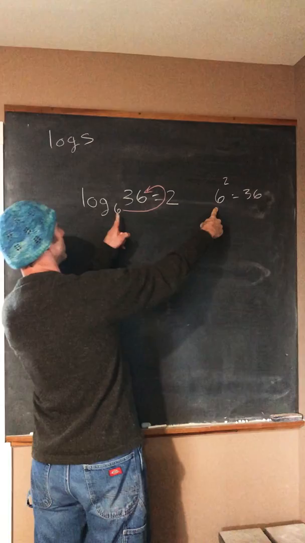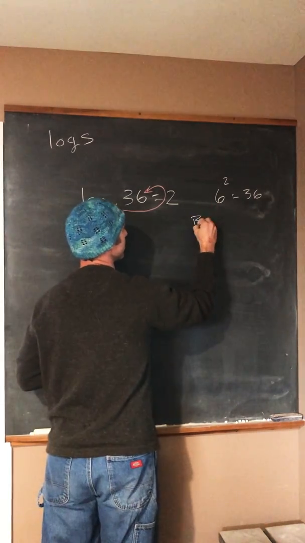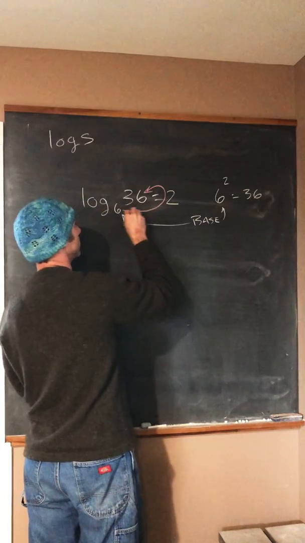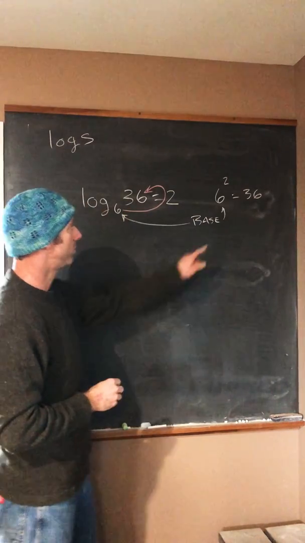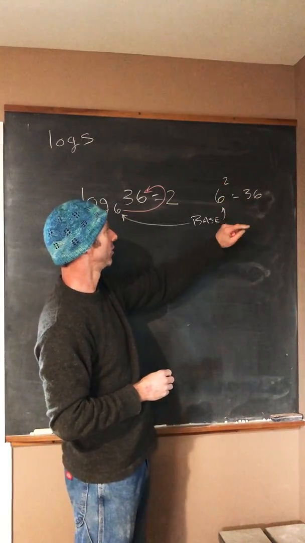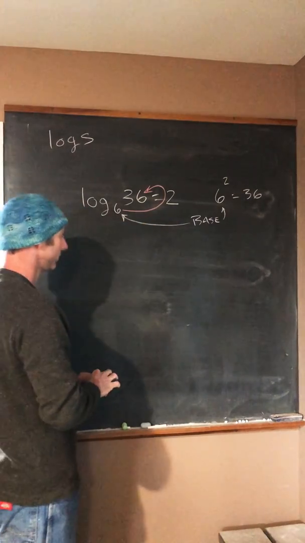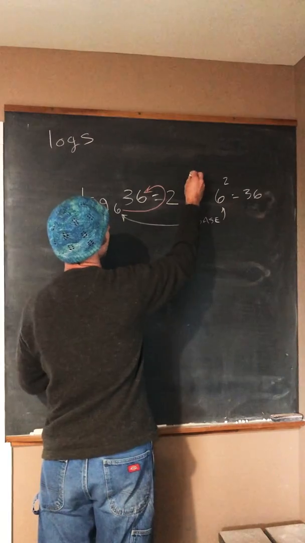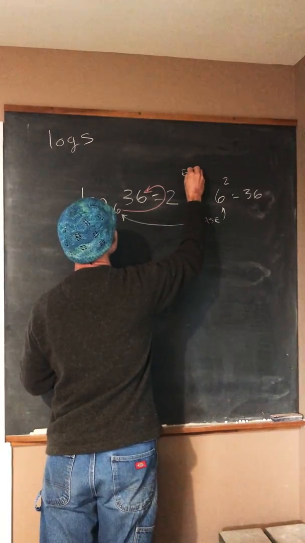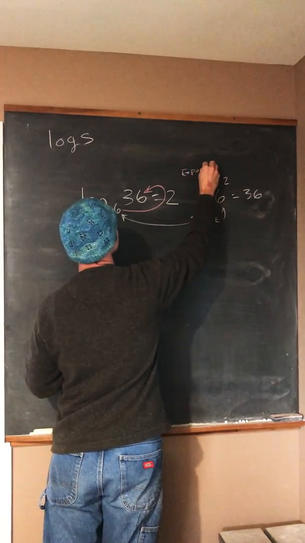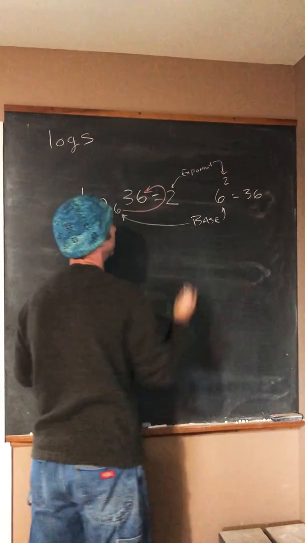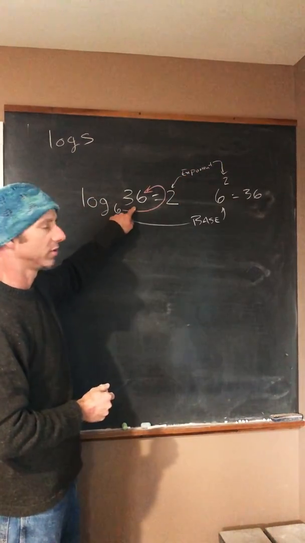And the 6 is called the base. It's the base of your exponent, or the base of the log. And this over here is our exponent. And then that's the argument, 36.